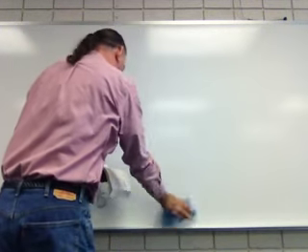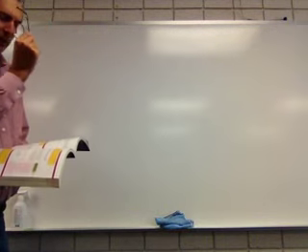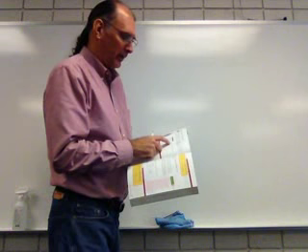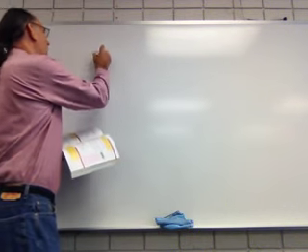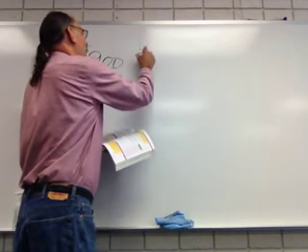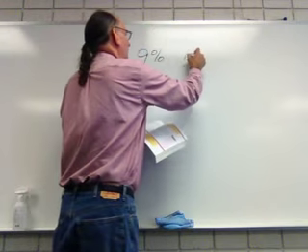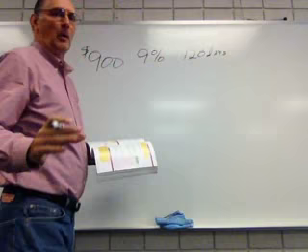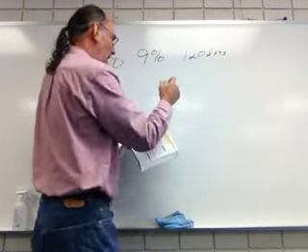Alright, let's just take one quick example here. We'll do example E. Compute the ordinary simple interest on $900 at 9% for 120 days. Ordinary means we're going to use 360, right?